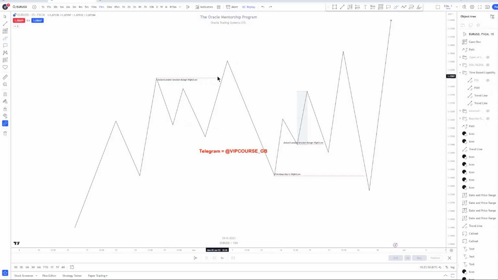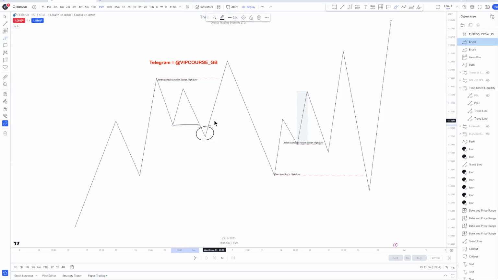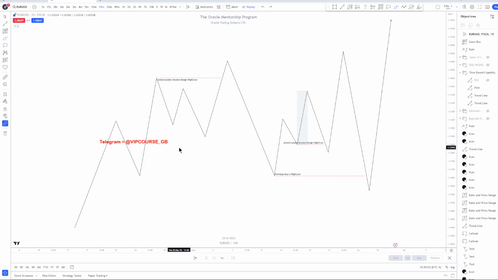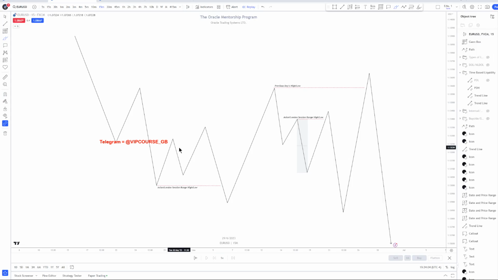If we expect lower prices, and this is the low, and we manipulate above here, we are expecting lower prices, therefore we do not look for trades, okay? So must be in line with our bias.